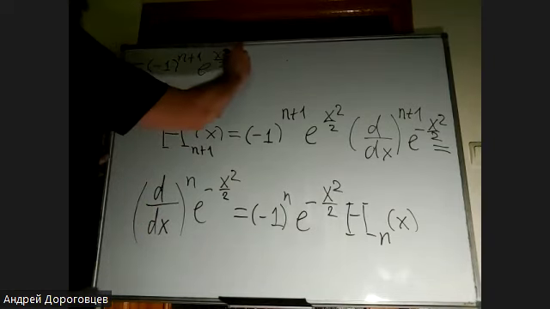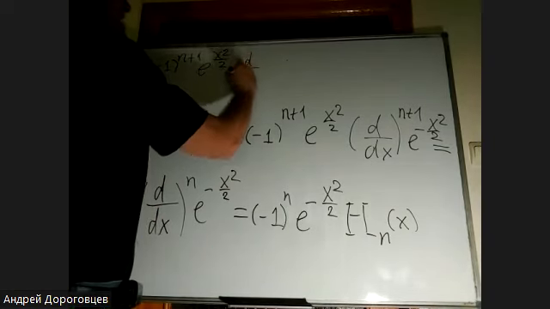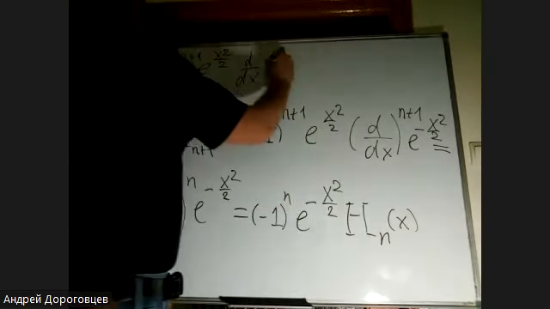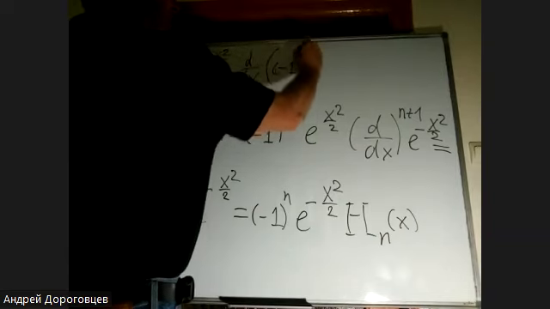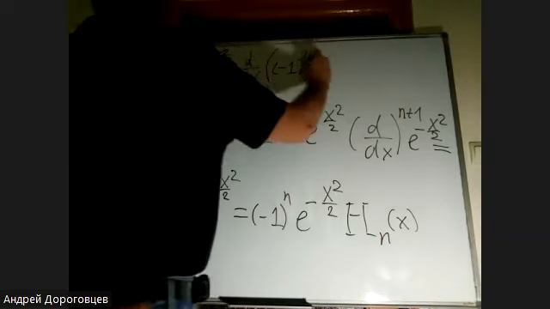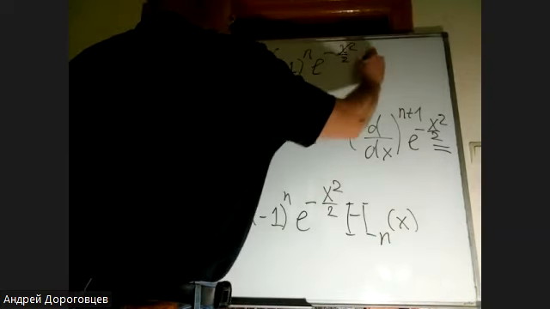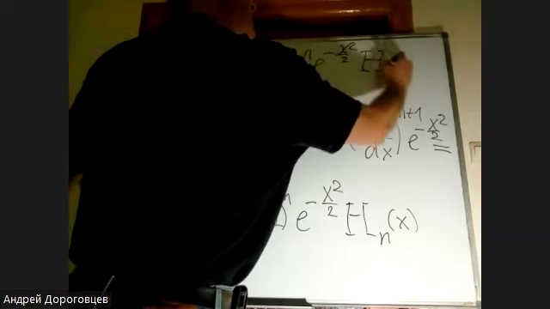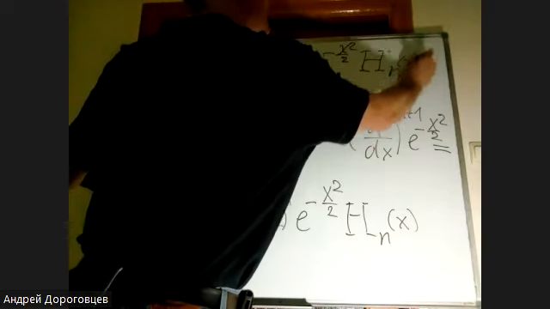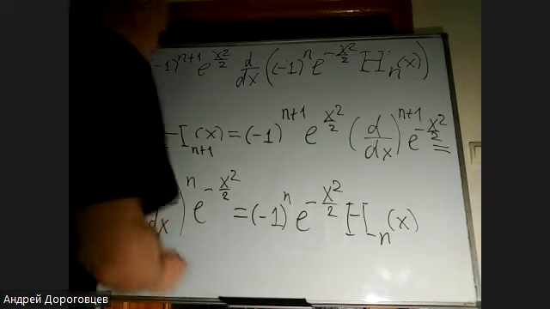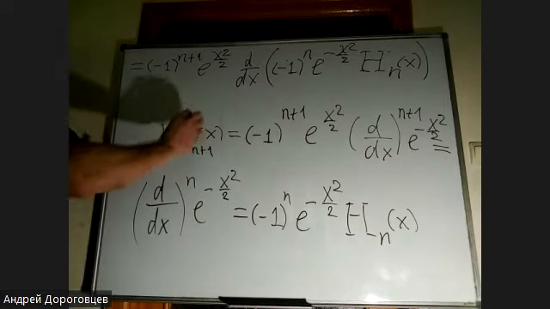So I just write here d/dx of this expression: (-1)^n e^{-x²/2} H_n(x). Let's continue.